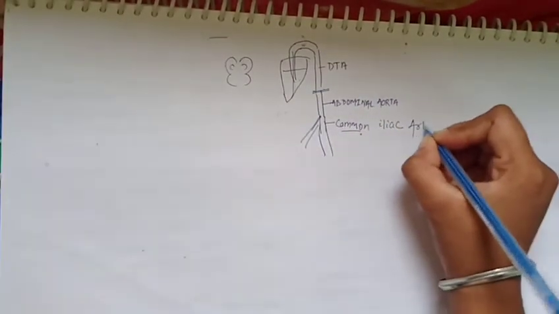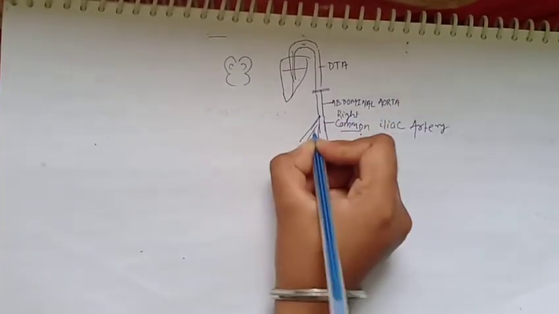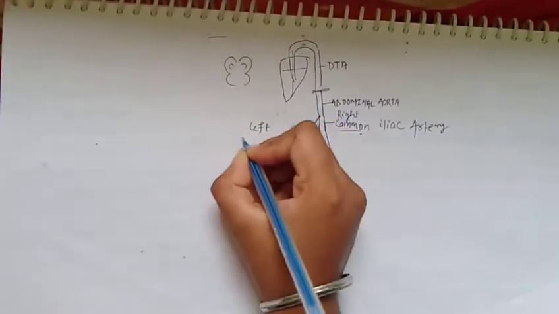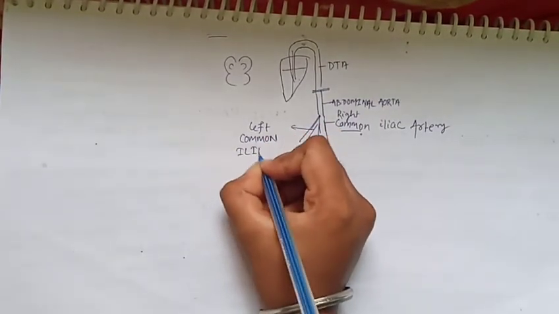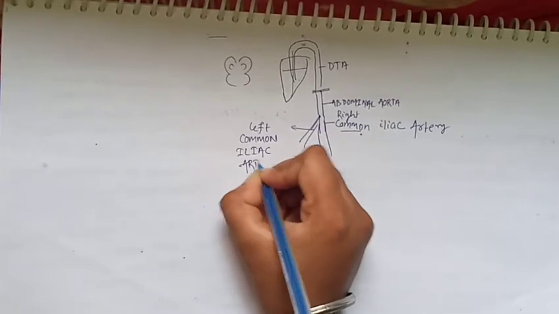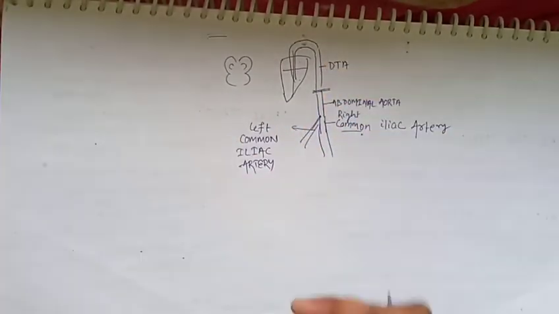And here the abdominal aorta is divided into two divisions, that is the common iliac artery. So we know that this is the right side common iliac artery, and the other side is the left side common iliac artery. So in this way we describe only a brief introduction of the arteries, how they enter our lower limb.